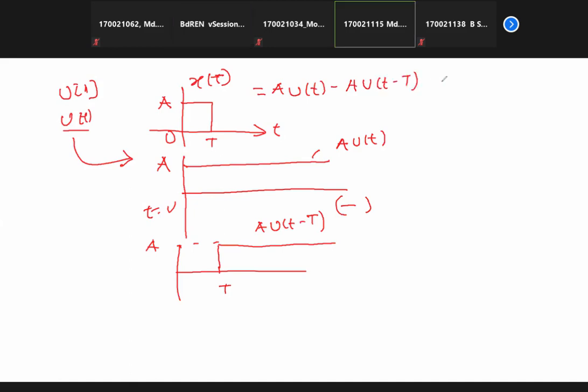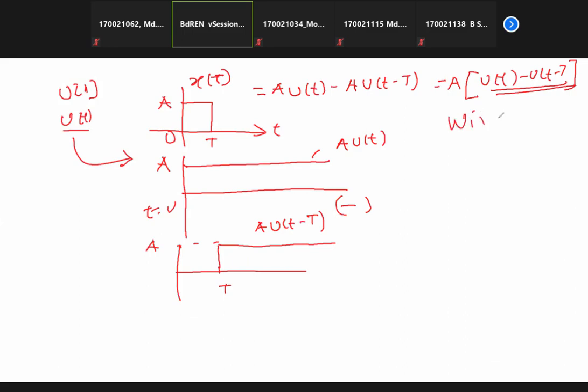Yes, sir. And that is equal to A times u(t) minus u(t minus T). So this is actually a pulse of unit amplitude. Sometimes this type of function, the pulse function, is called a window function. We will deal with it later, when the relevancy comes.